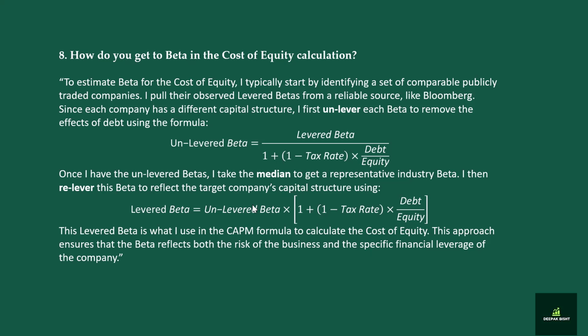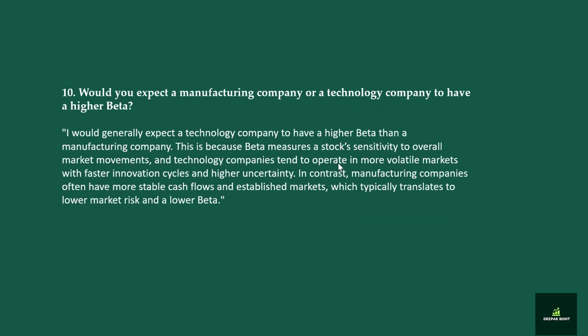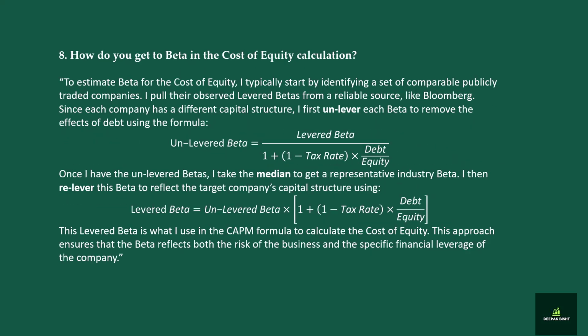And you will use that unlevered beta to calculate the beta for that company. This approach ensures that beta reflects the inherent business risk of the company while also capturing the impact of capital structure. So it's considered best practice, the best practice method in valuation, because it balances market-based evidence and company-specific factors.